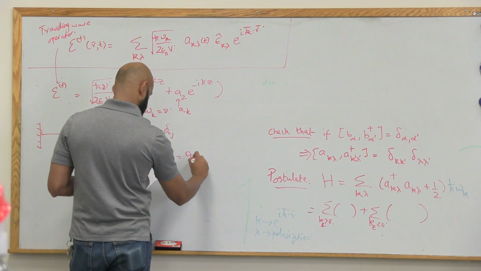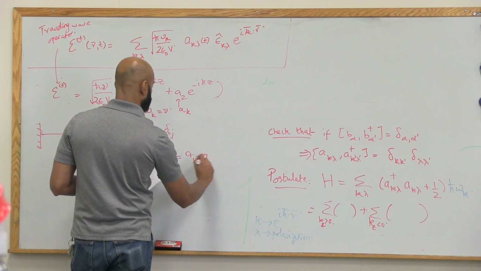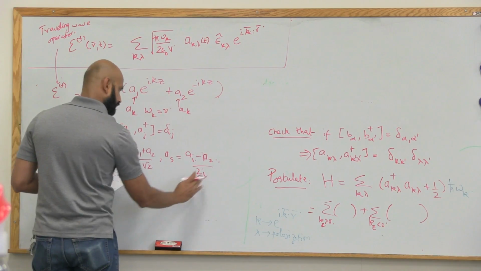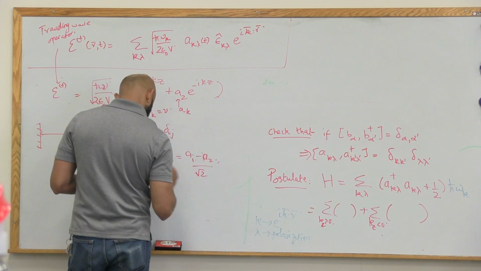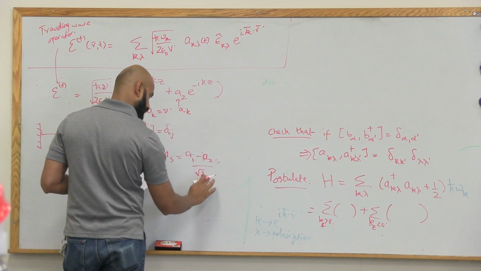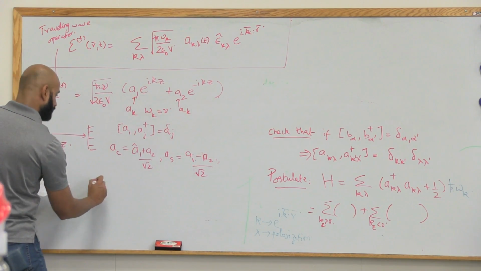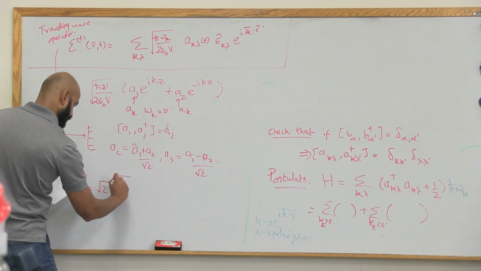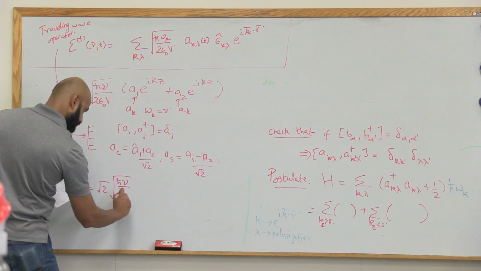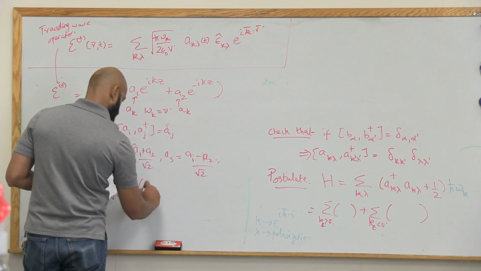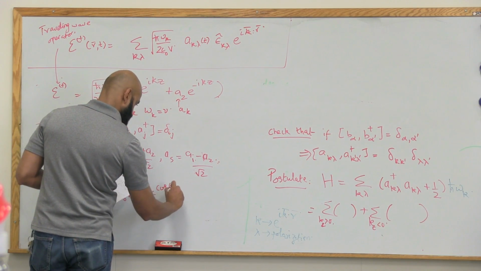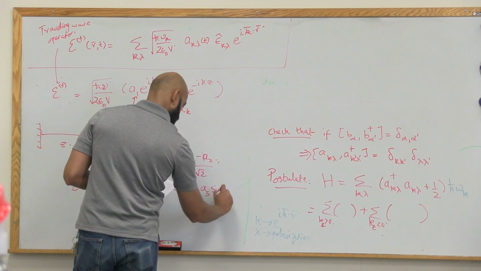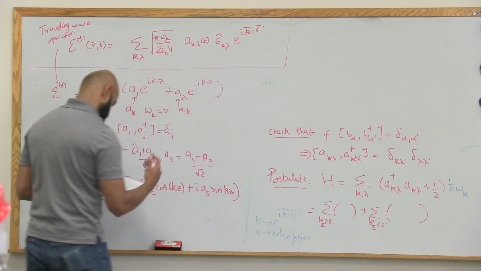sine and cosine. And then we get E plus, we'll have a root 2 in front of it, times this term, just by substitution.